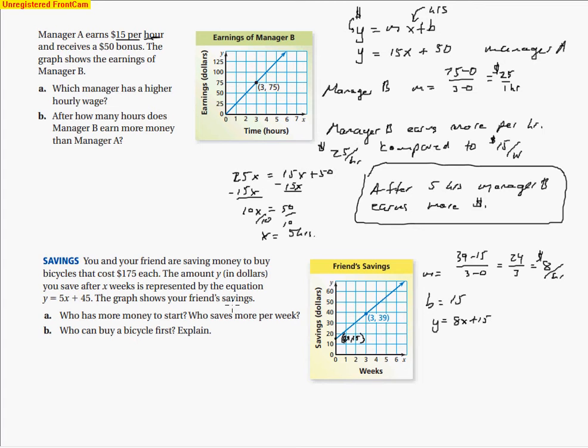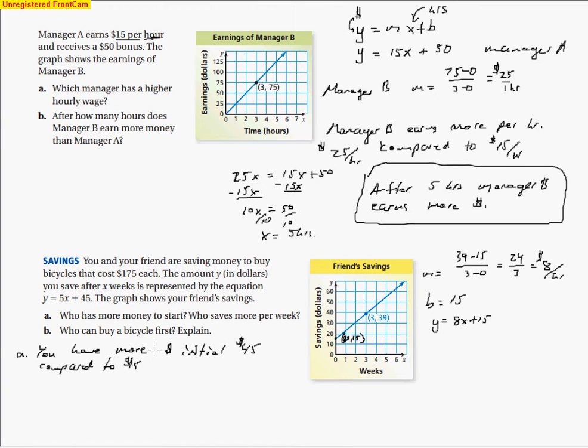And so who has more money to start with? Well, you have more money to start with. So A, you have more money initially, $45 compared to $15.